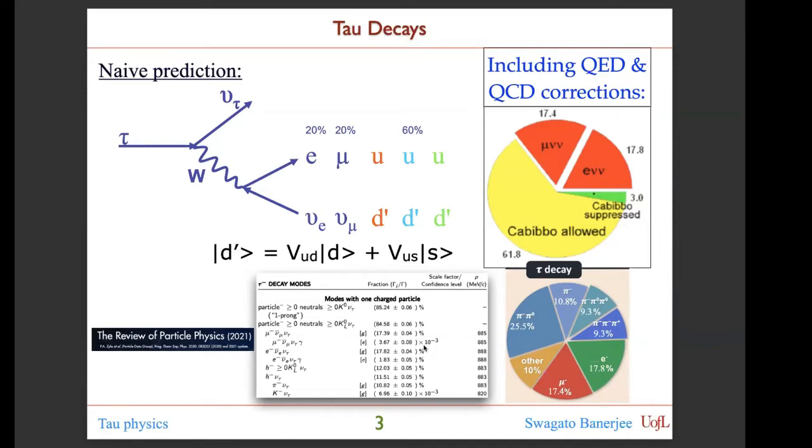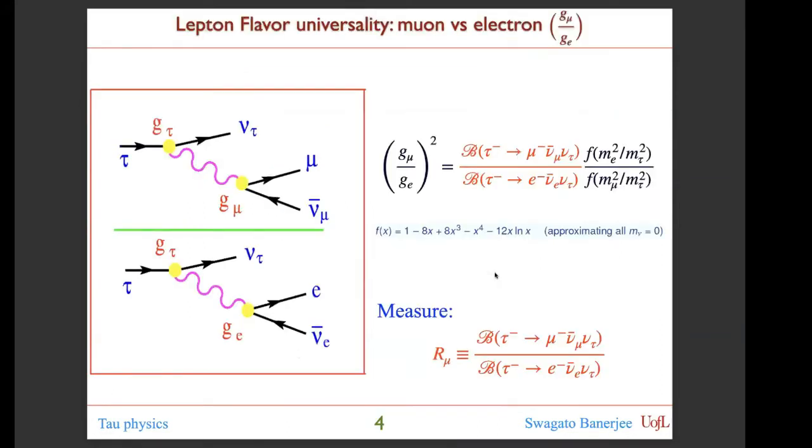So let me move on with the lepton universality first. Firstly, looking at this ratio of this diagram, tau to muon divided by tau to electron, we can get the ratio of the coupling between the muon and the electron.